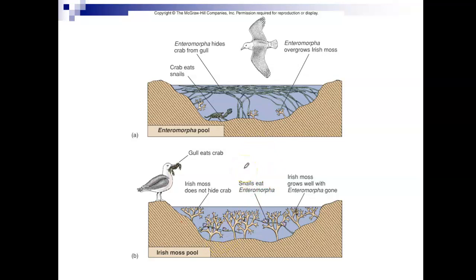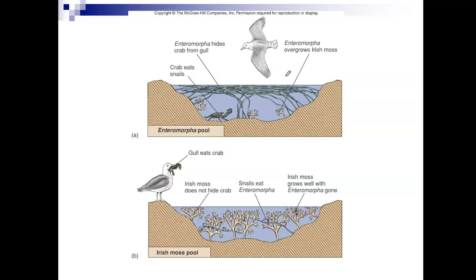You think that the periwinkles would end up moving from one tide pool to the other, but they don't actually do that. You think they just move from one Enteromorpha pool to the other, but they don't. The large periwinkles tend to prefer to stay in one tide pool, and they don't move from tide pool to tide pool.